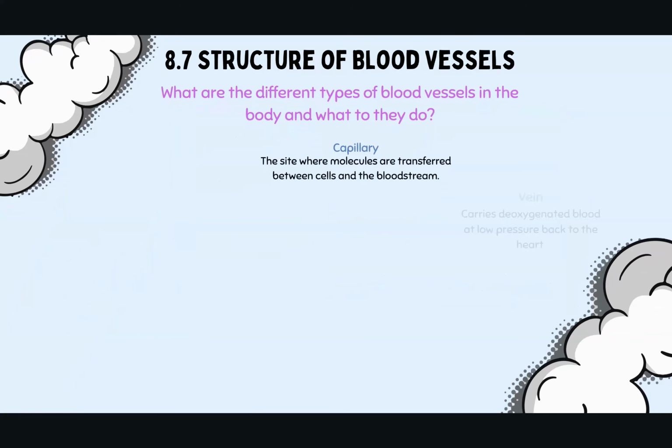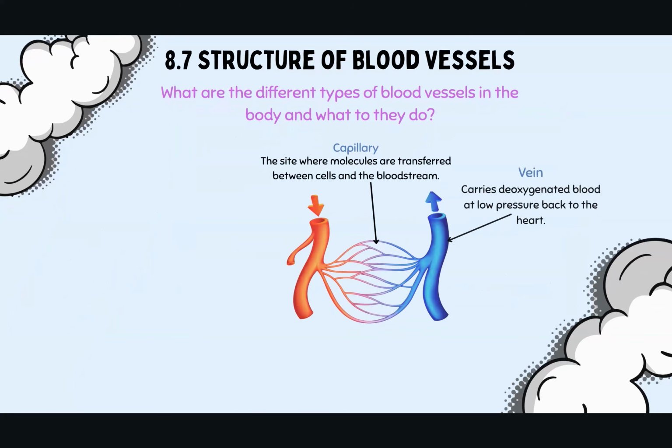Okay, you also need to know about each blood vessel. What you need to remember is you need to know about their structure and also what their function is. An artery transports oxygen-rich blood at high pressure from the heart.